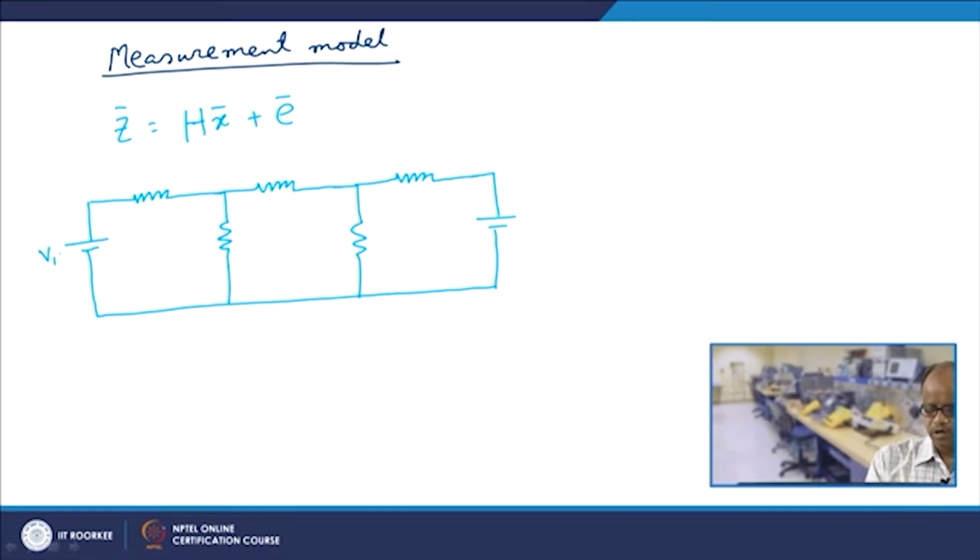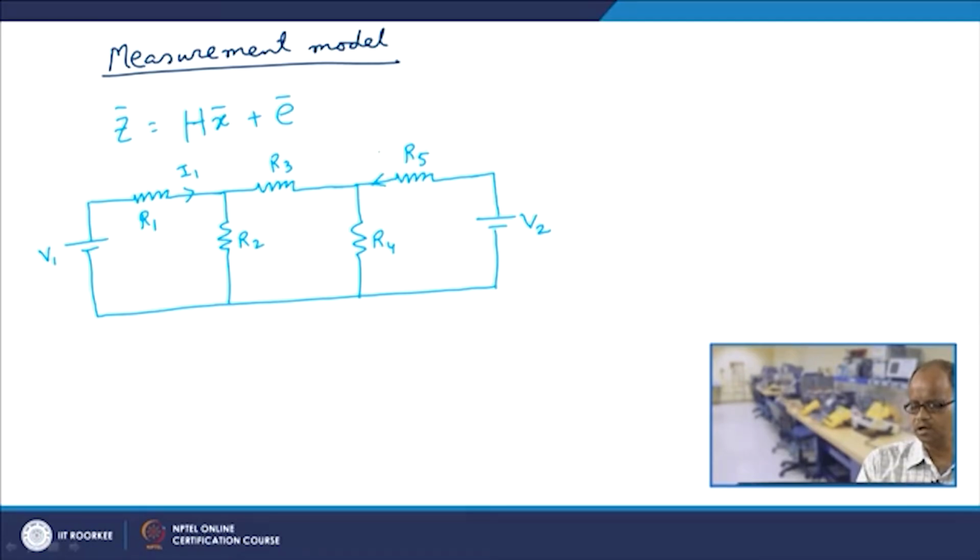So, this is V1, this is V2, and this is R1, R2, R3, R4, R5, and here we are measuring I1. This is my Z1.